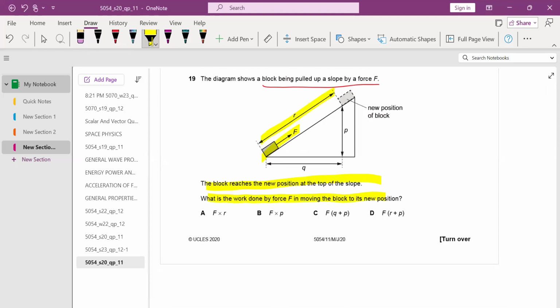What is the work done by force F in moving the block to its new position? Now work done equals force into the distance in the direction of force. So it would be F into R. Option A is correct for question number 19.